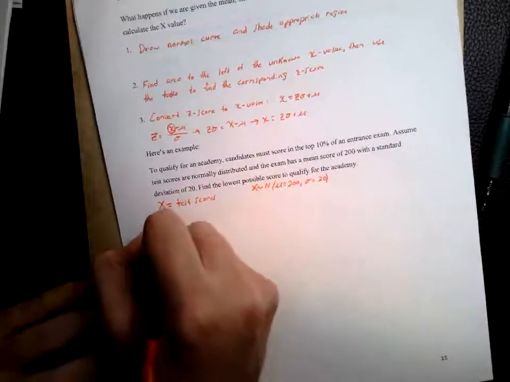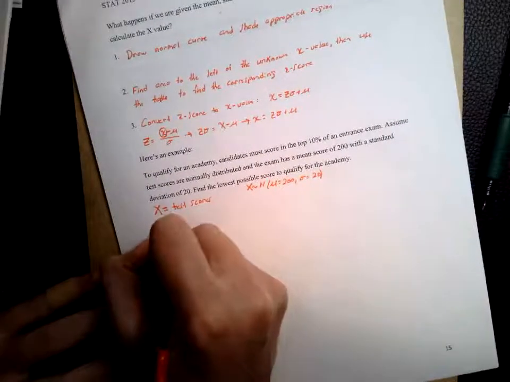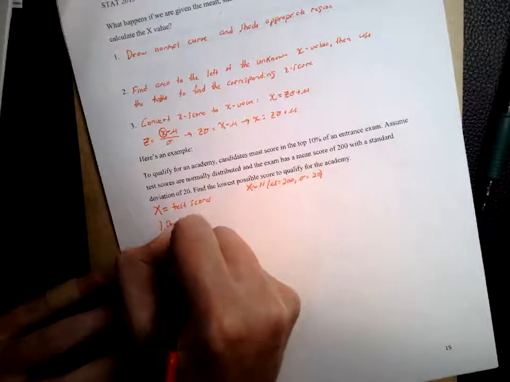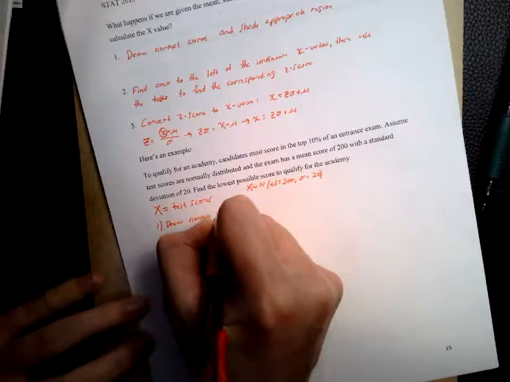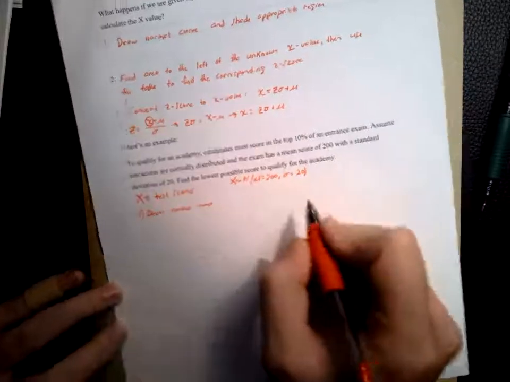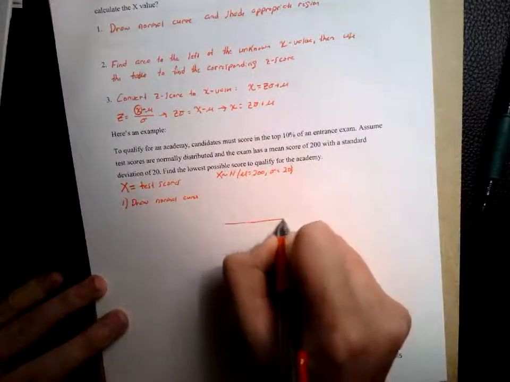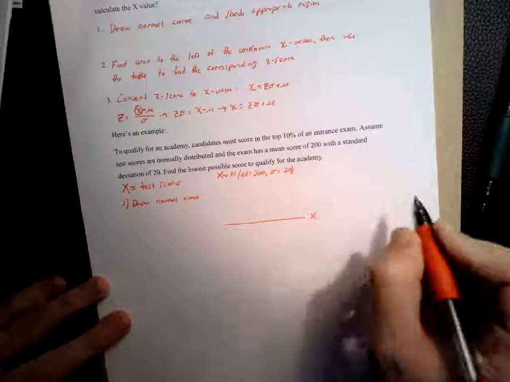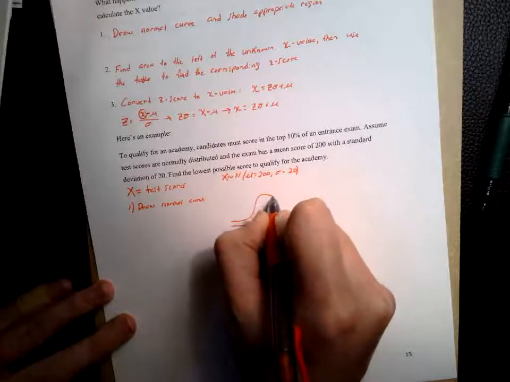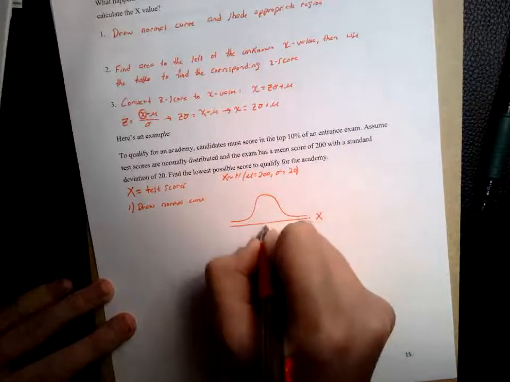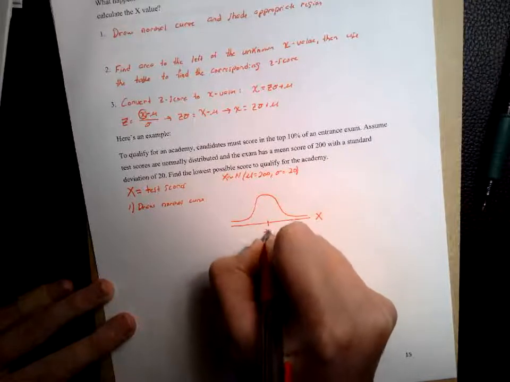Now, the first step is to draw the normal curve and shade the appropriate region. That would look like this. So here I have my distribution. So in the middle, I have 200.